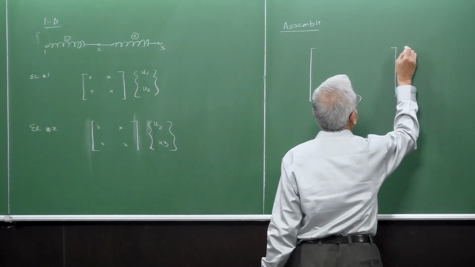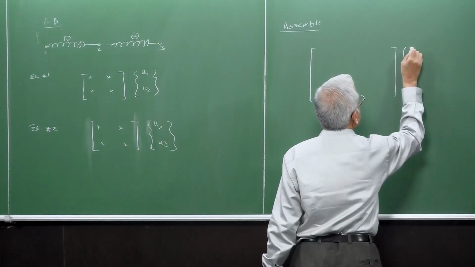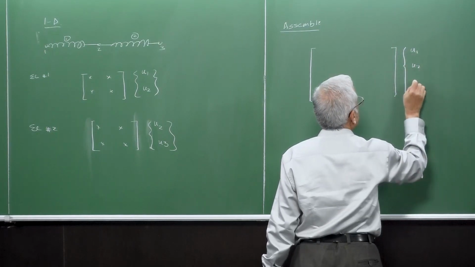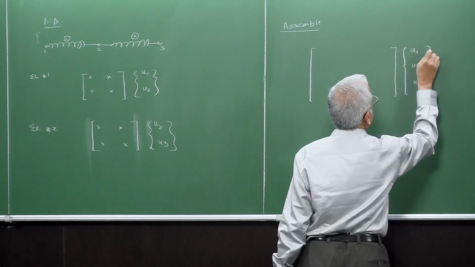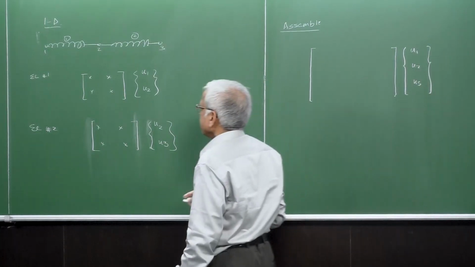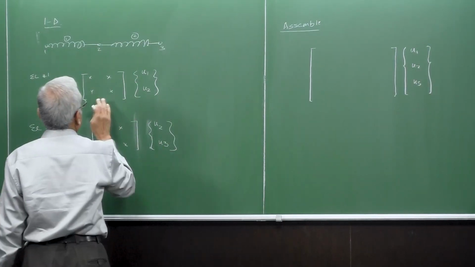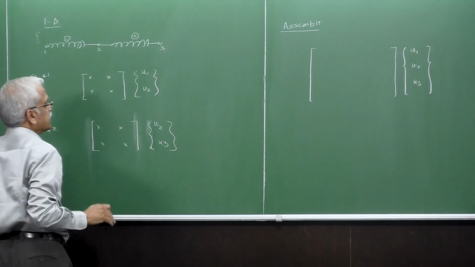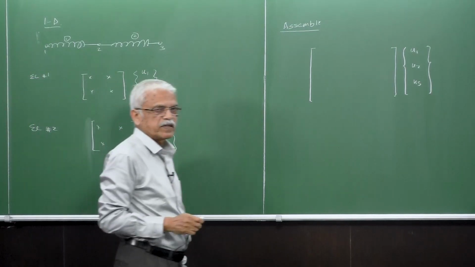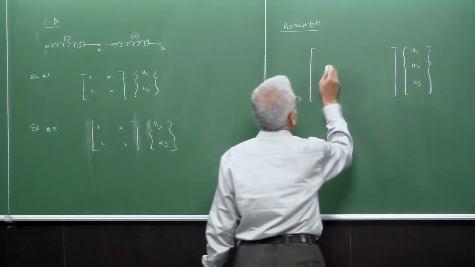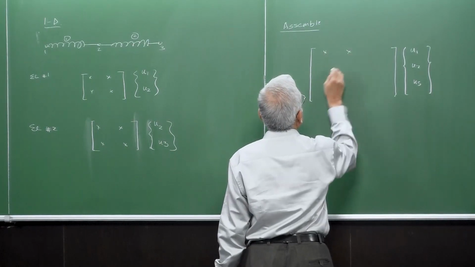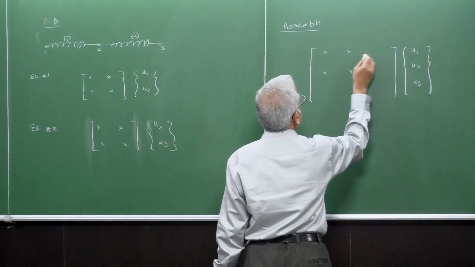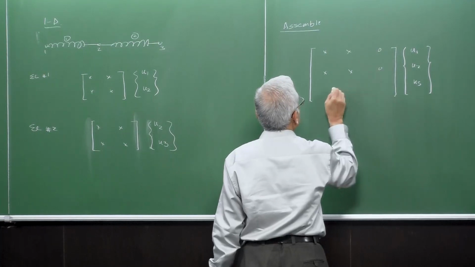So here we have u1, u2, u3, and these 4 numbers, the elemental stiffness matrix, will go to these places, and this is 0, of course.